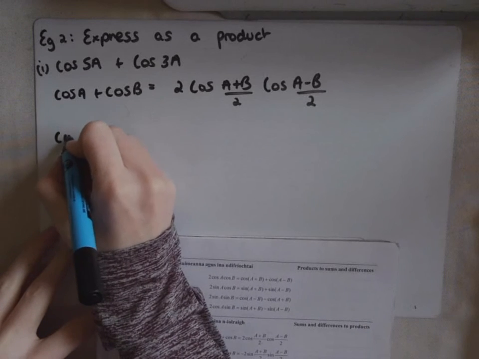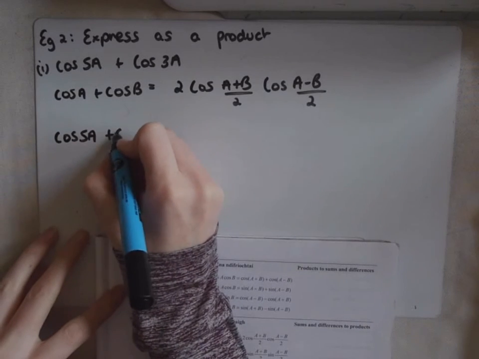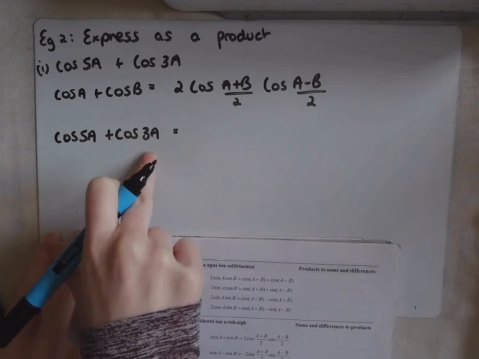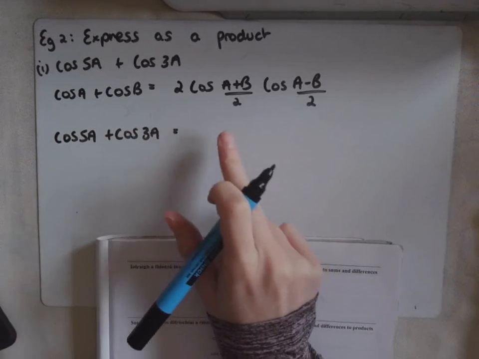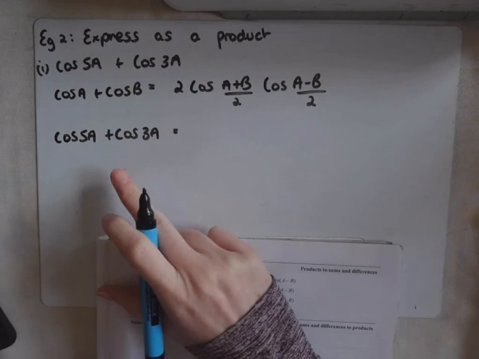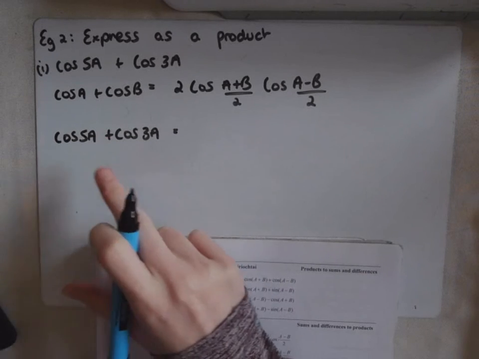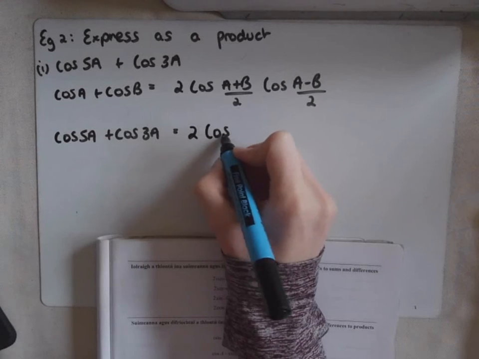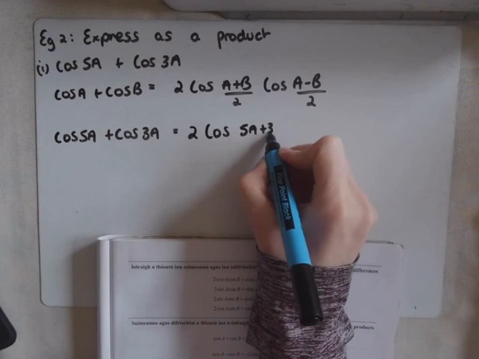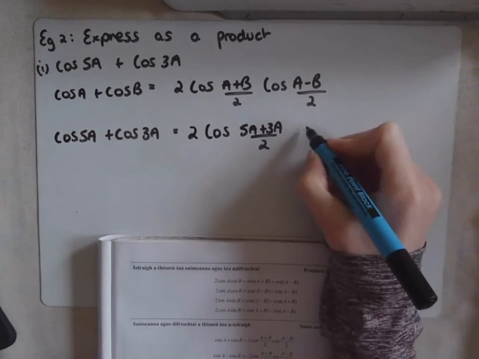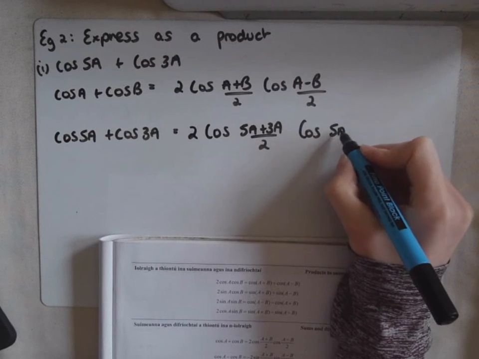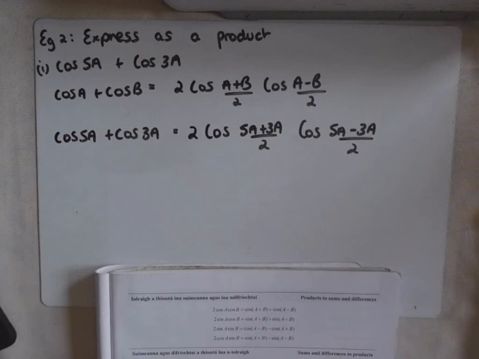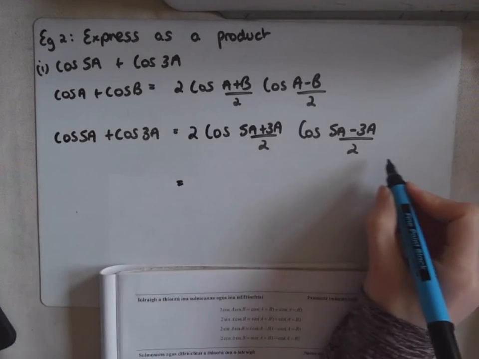So if we have cos 5a and cos of 3a, our A is 5a and our B is 3a. So you're just going to replace these. Again, making sure to keep the bigger angle first. So we have 2 cos 5a plus 3a over 2, cos 5a minus 3a over 2. And it's a product, so they're all being multiplied.